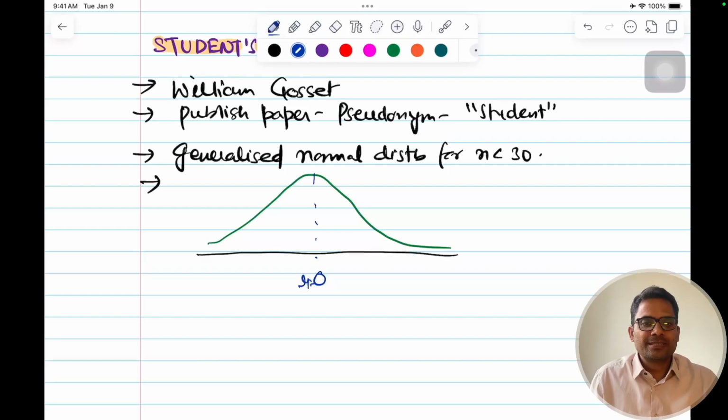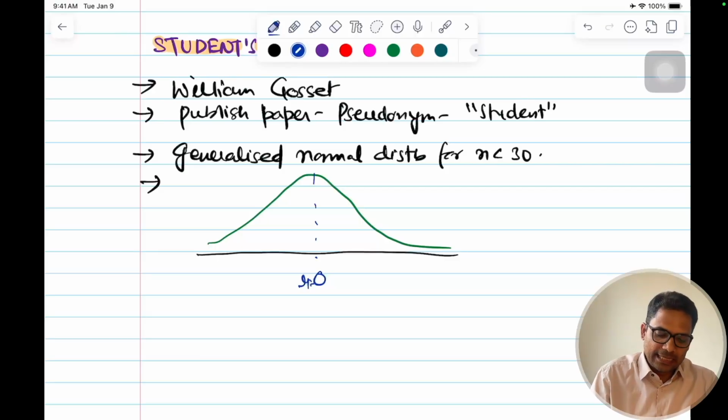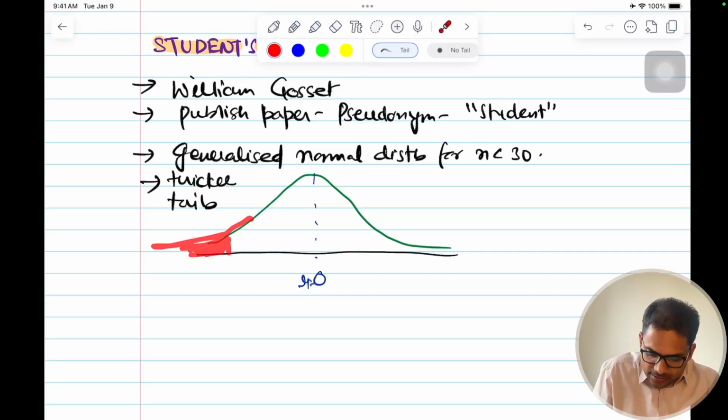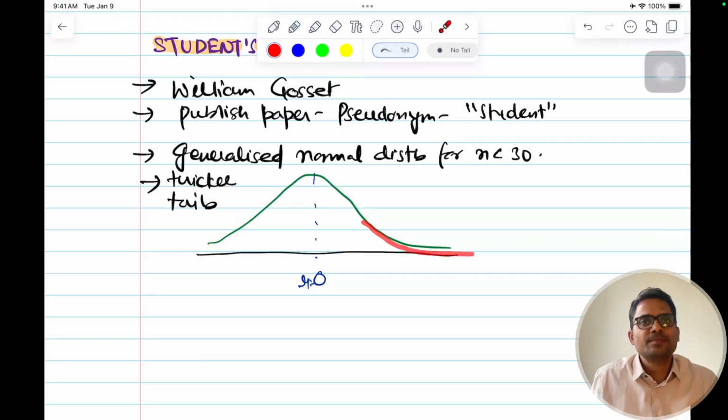So it is a generalized normal distribution which is symmetric around 0, but has thicker tails. The tails here are thick, the area under the curve here is a bit thick. The normal distribution will be thinner, it will come closer to the line.